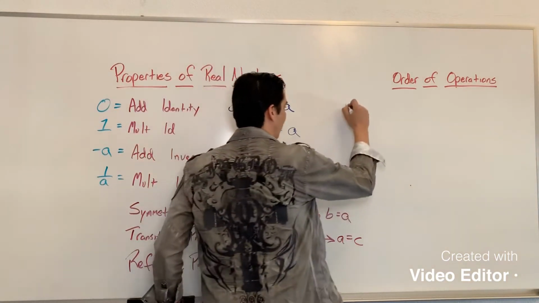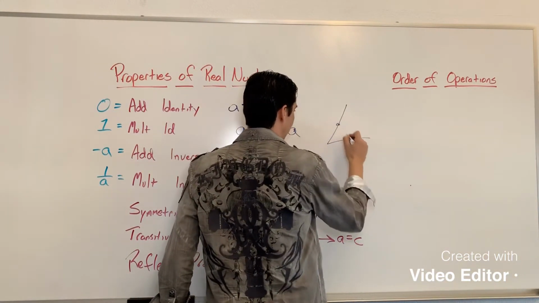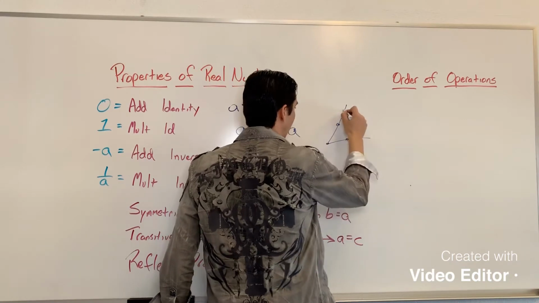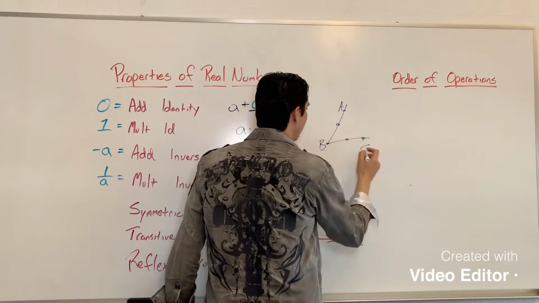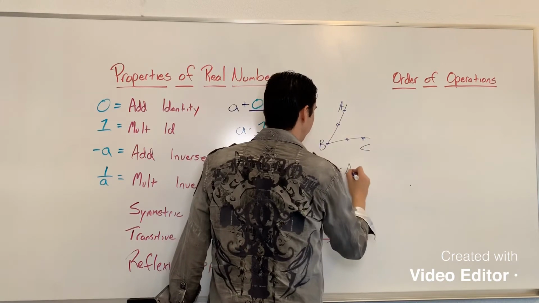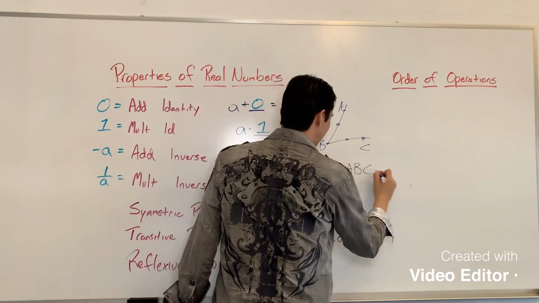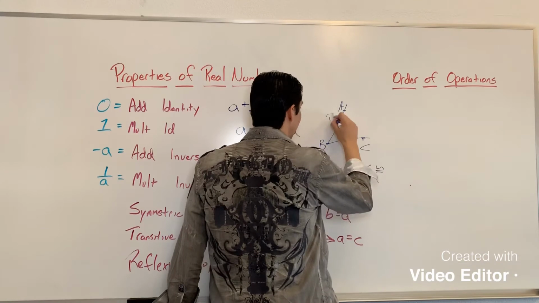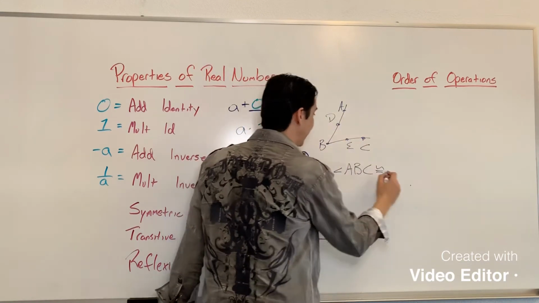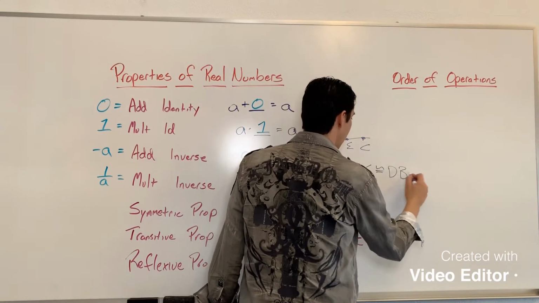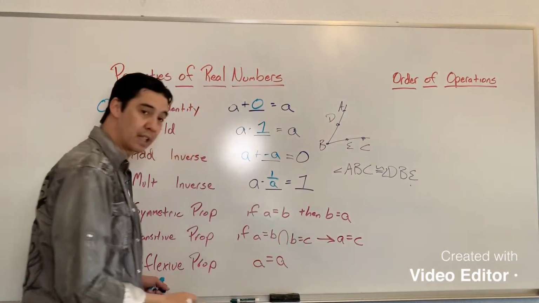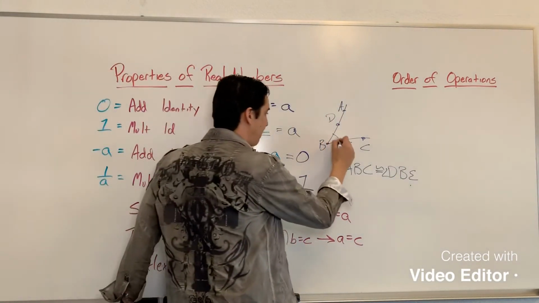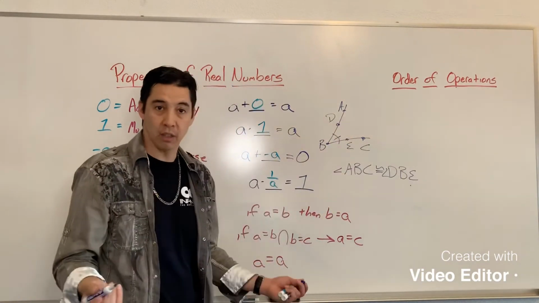If you have an angle, and you can say angle ABC is congruent to angle DBE. And why? Because of the reflexive property. They're the same angle. That's why they're congruent to each other.